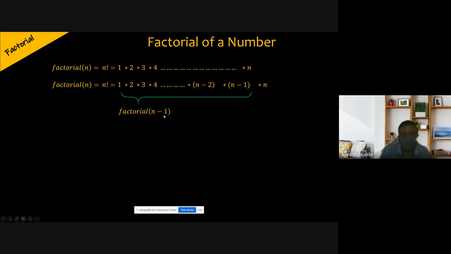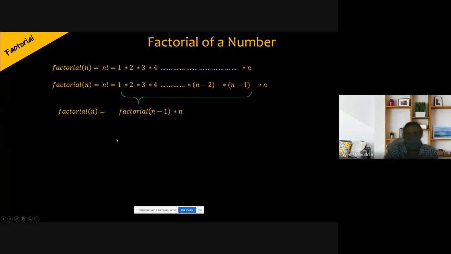So factorial of n is factorial of n minus 1, and then the last term is multiplied by n. So if you look at this relation, for factorial of n, what we have is factorial of n minus 1 multiplied by n.